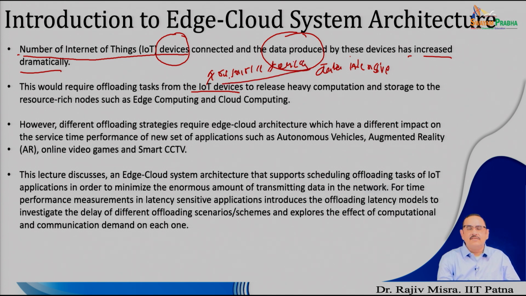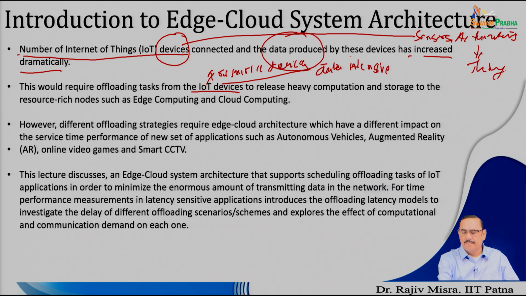Examples of IoT devices are sensors and actuators, and often they are called things. These devices are large in number, operating and monitoring the environment and generating the data.